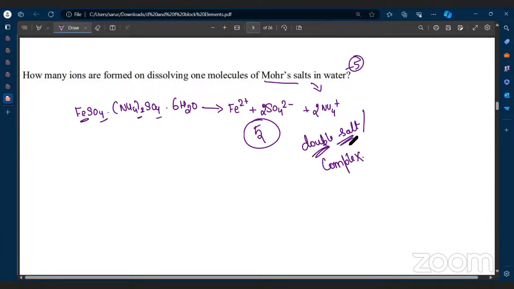But when a complex is present, you can't write the ions like this. It won't get ionized in water completely. You'll get the coordination entity, and if there is a counter ion, that counter ion will come out separately. So that is the difference between a double salt and a coordination complex.